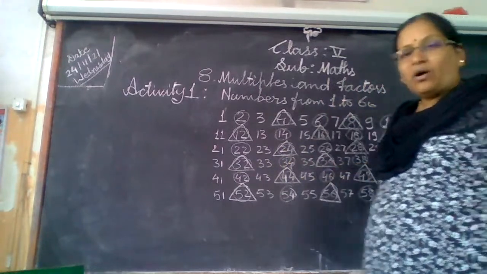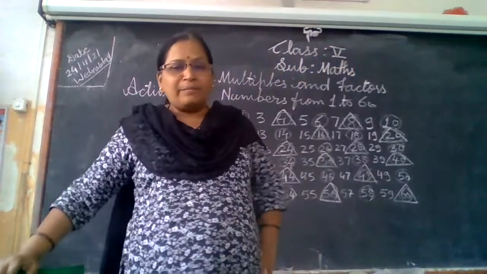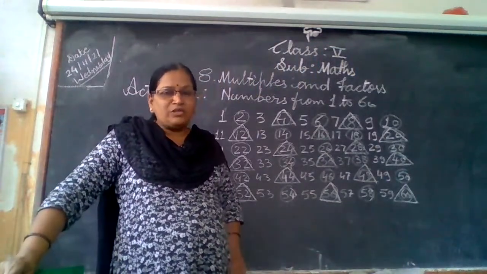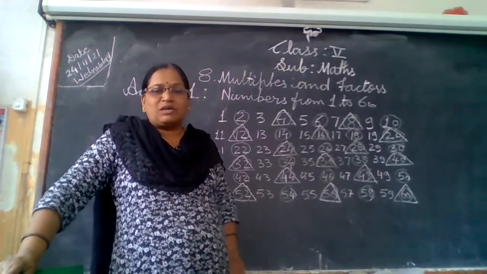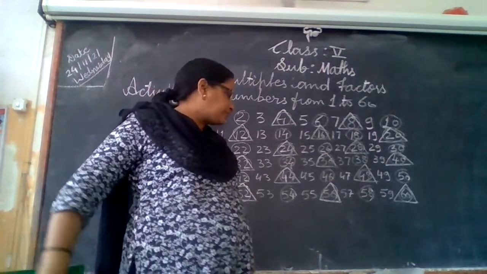So yes, all the numbers having triangles around them are multiples of 2 as well as multiples of 4.